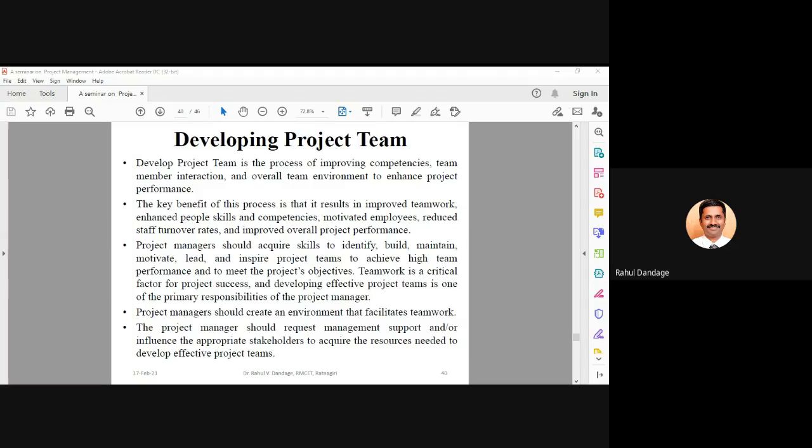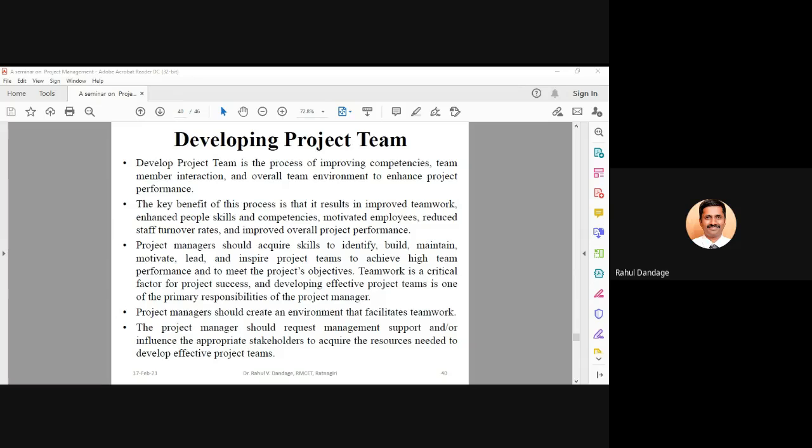So developing project team is nothing but it is a process. So it is process of what? It is a process of improving the competencies, the team member interactions, and overall team environment to enhance the project performance. So these 3 points, they are essential for enhancing project performance.